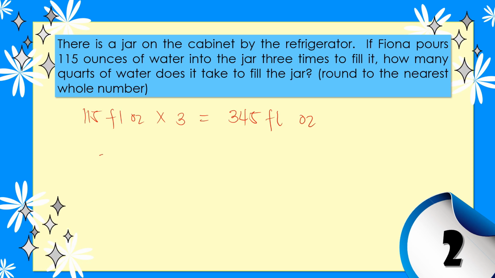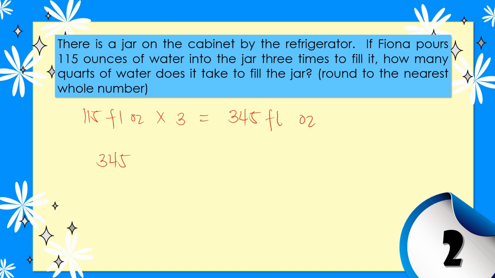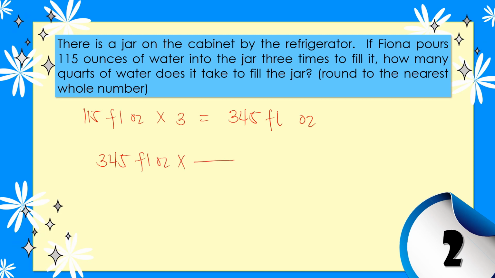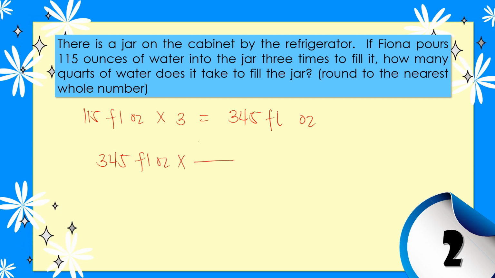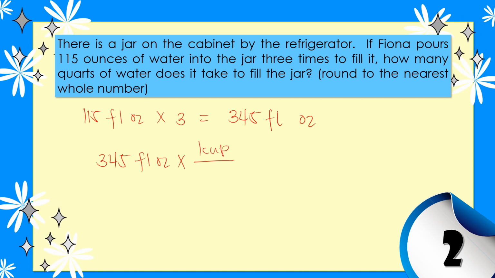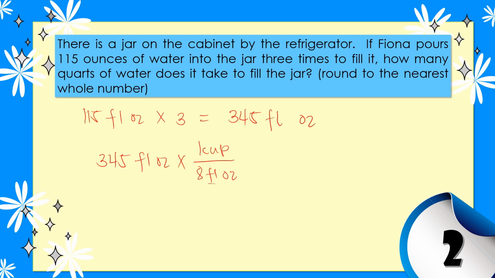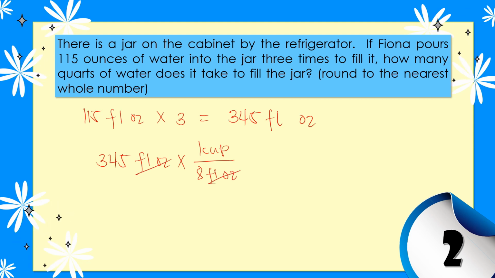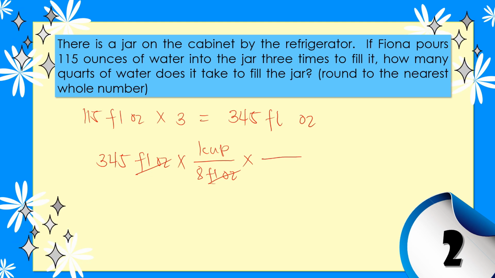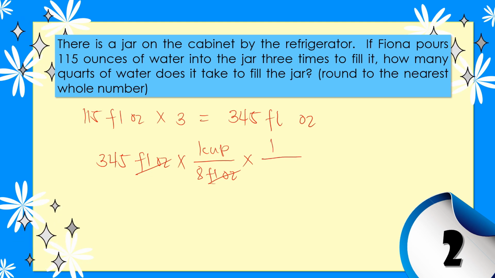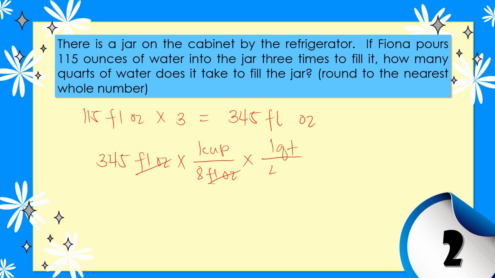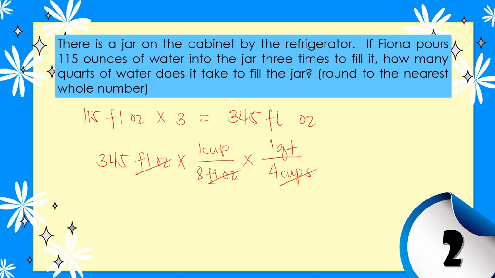So, ang given na natin ngayon is 345 fluid ounces times, ang unang converting factor natin is, for every cup, there is an equivalent of 8 fluid ounces para ma-cancel out yung fluid ounces. And then, from cup, gagawin natin siyang quart. So, for every quart, ang katumbas is 4 cups.